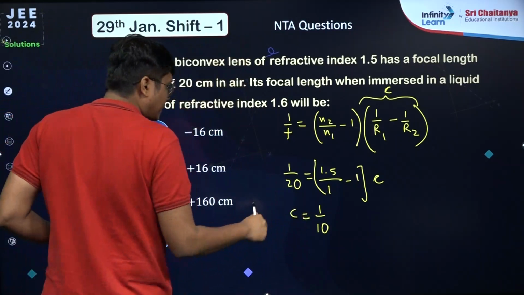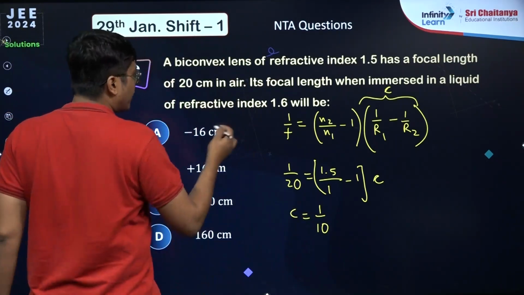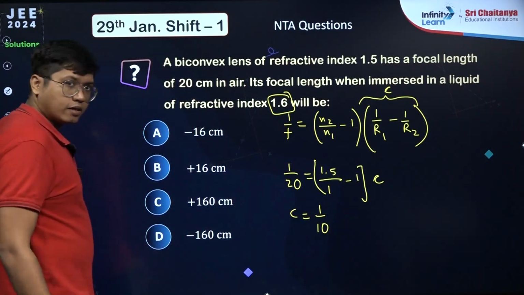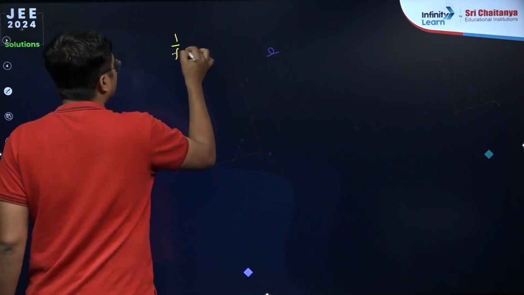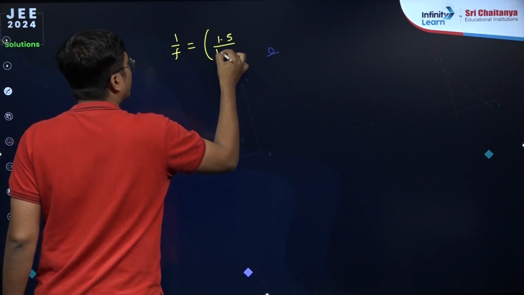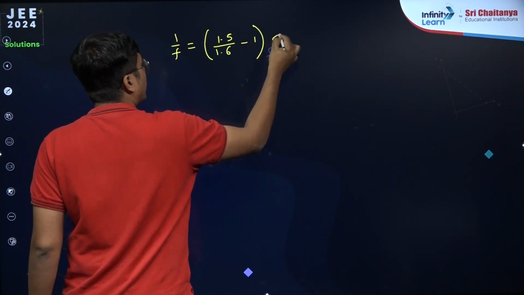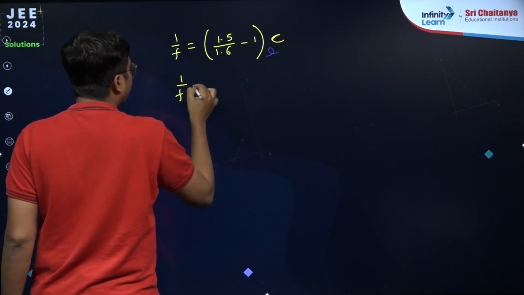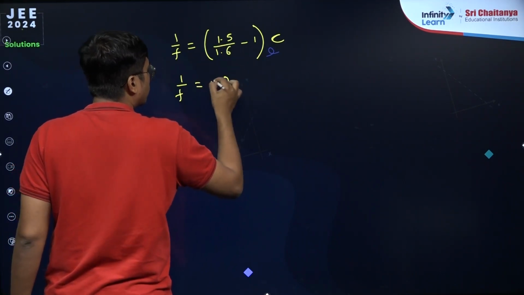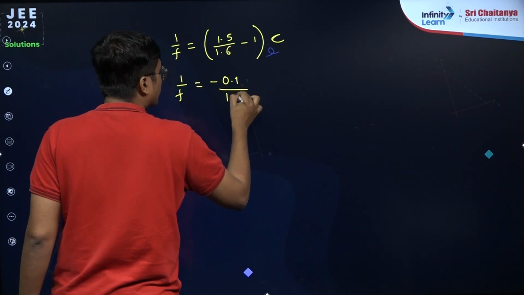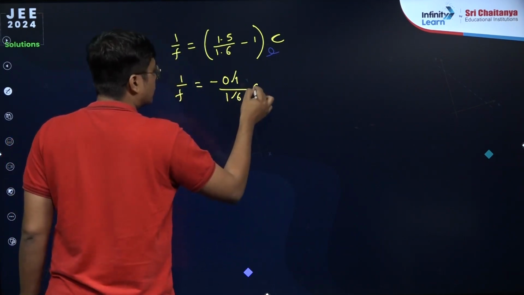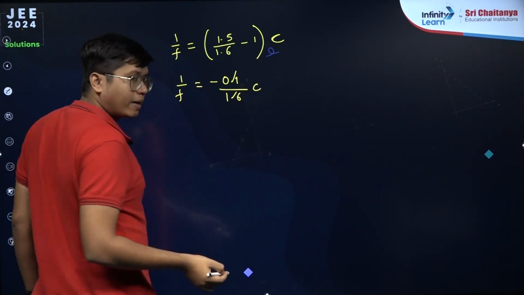Post that, in the next case, we can reuse the C, because in the next case, it is dipped in a liquid where the refractive index is 1.6. So in our new case, 1 by F dash is N2 by N1, it is 1.5 by 1.6 minus 1, into that C. So 1 by F in this case would be 1.5 minus 1.6, which is going to be minus 0.1 divided by 1.6, into C. So cancel this out, and C was equal to 1 by 10.